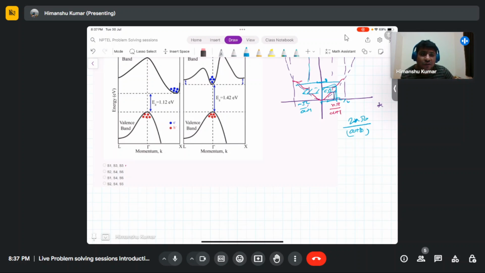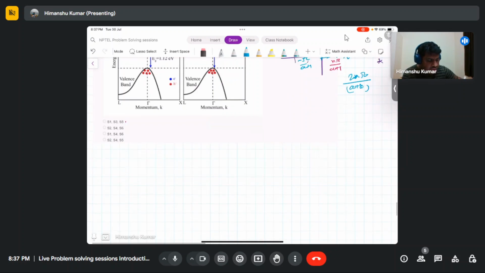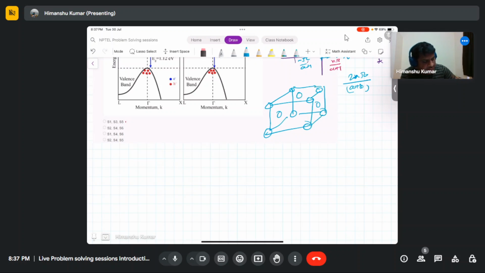In an actual band diagram, suppose you have an actual crystal, let's say an FCC crystal.